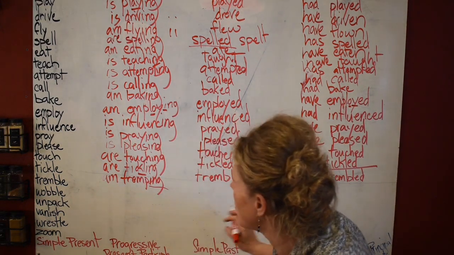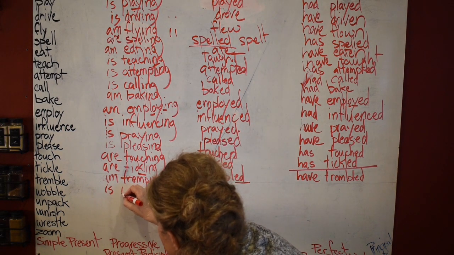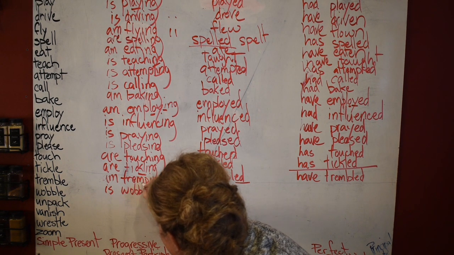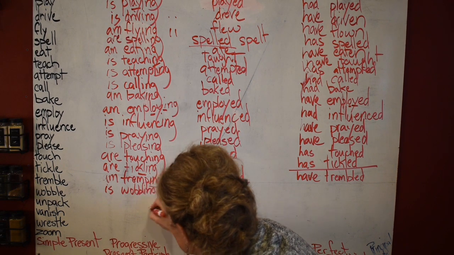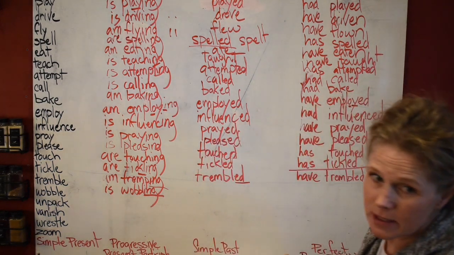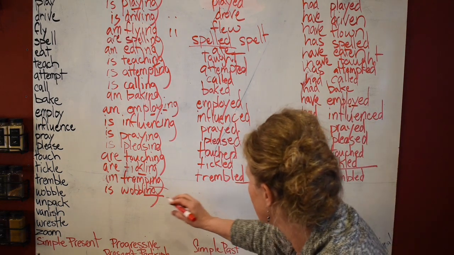Okay, wobble. Wobbling. Is wobbling. You're going to drop the E and add on your present suffix. How about right here?